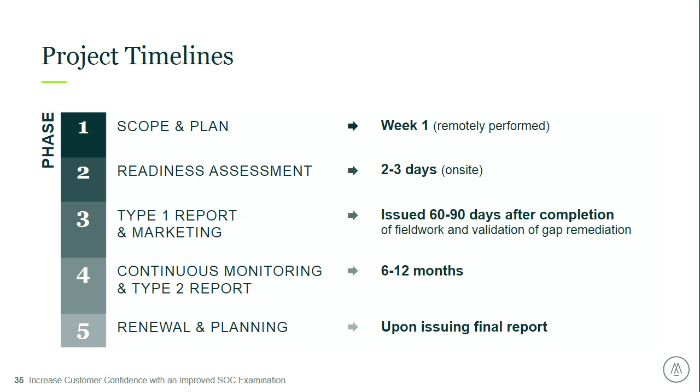Now, if it's the first time through, it's going to be toward the end of that time frame. If it's the second or third iteration of the report, it could be closer to 45 days as far as issuing the report after the end of the reporting period.